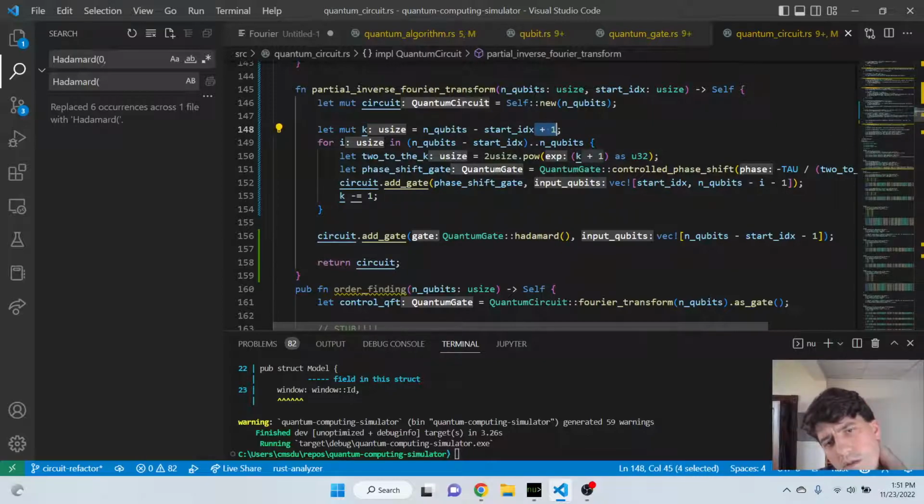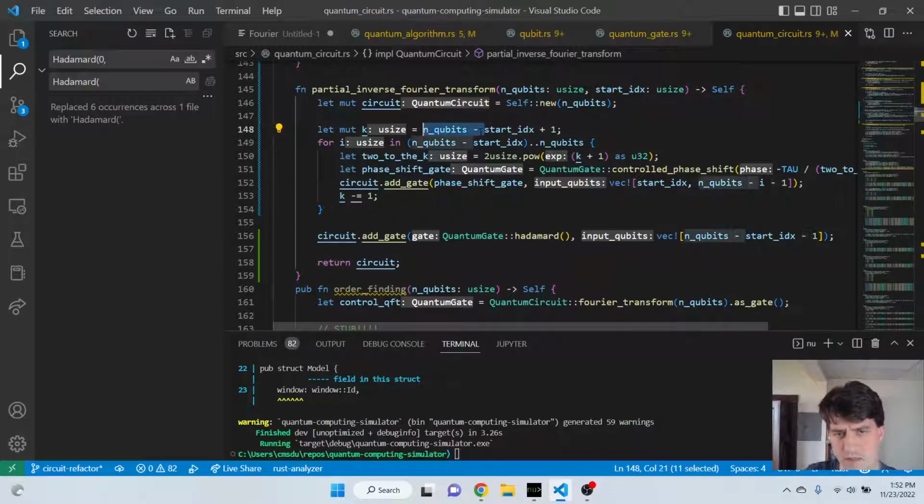This would... Let's see here, for this to start at 1/8, this would need to be 3, K would need to be 2, and that would be the case where start IDX is not 0, not 1, but 2.